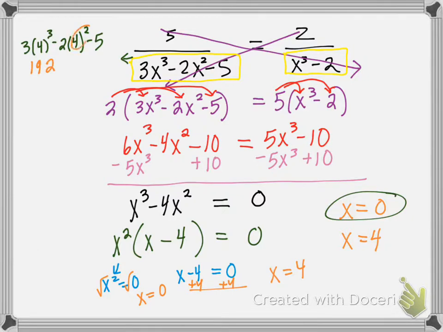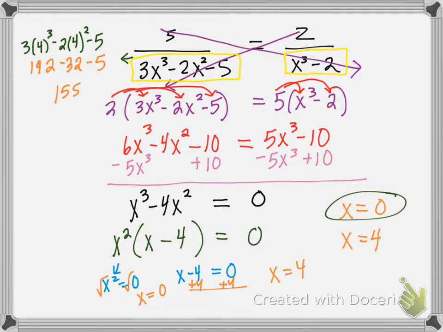So now I need to do 4 squared, which is 16. And 16 times negative 2 is negative 32. And then I have a minus 5. So if I combine these or subtract them, I do not get a 0. I get 155, so we're good there.